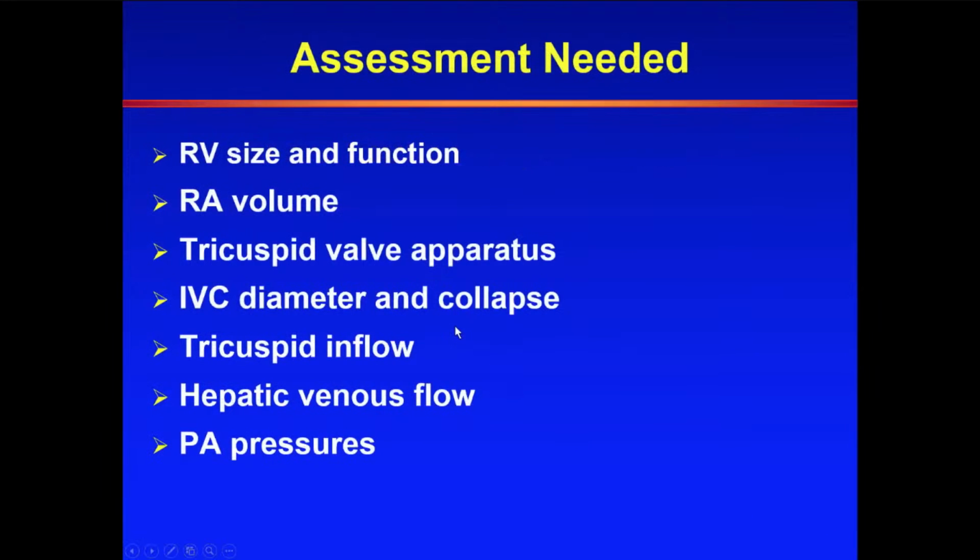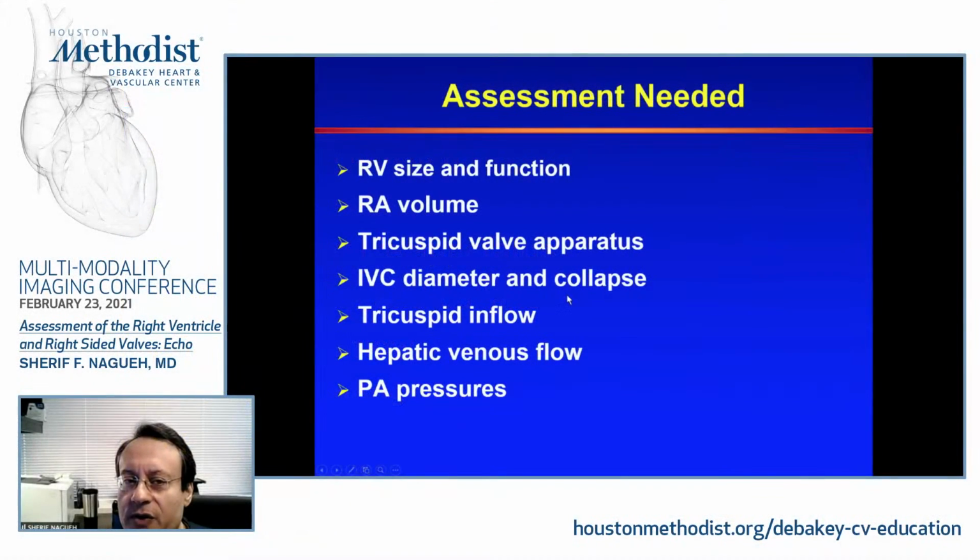Shifting gears to tricuspid regurg, similar to when thinking of the mitral regurg and the aortic regurg, look at the impact on the receiving chambers and the chambers bearing the brunt of the leak. So we look at RV size and function. We want to pay attention to RA volume. We want to scrutinize the tricuspid valve apparatus to understand the pathology of the tricuspid valve.